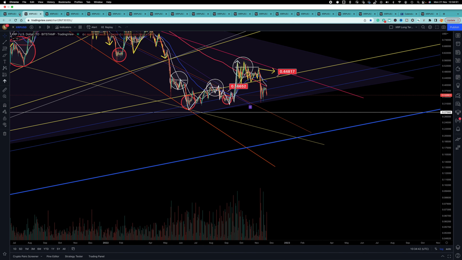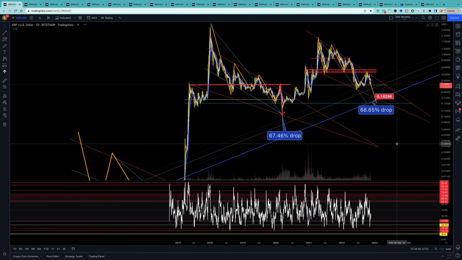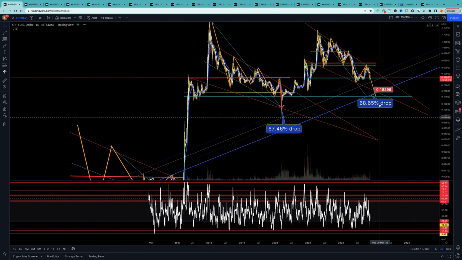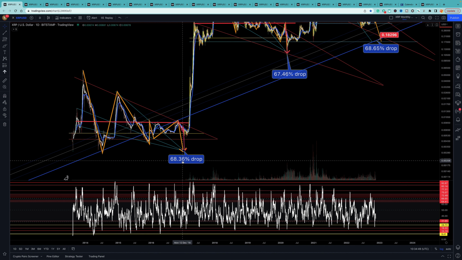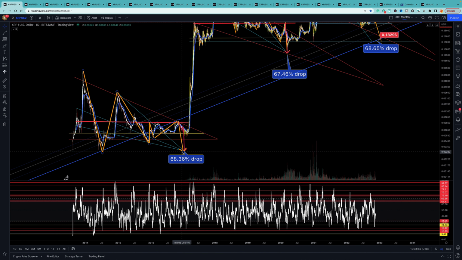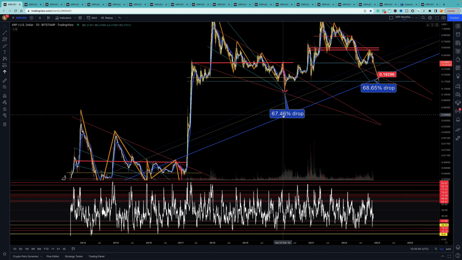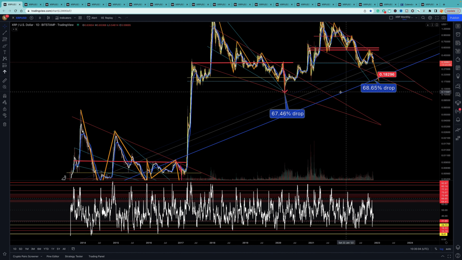So now I'm going to tie that into, remember this chart here, the 6836, the final drop before the lift in this bull run, or bear market bottom to the pump. Same here, 67.46. So potentially 68.65 here, and I'll show you this blue line in a moment.